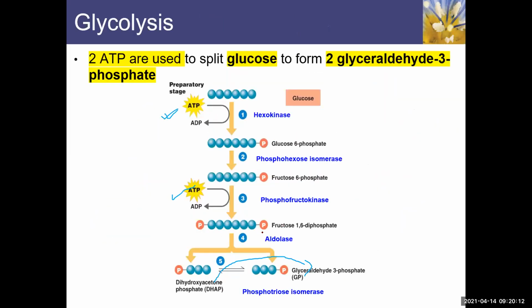We produce glucose 6 phosphate in the first step of glycolysis. So what does the pentose phosphate pathway say? It says that this glucose 6 phosphate, produced in the first step of glycolysis, can also be used for other purposes in our body.